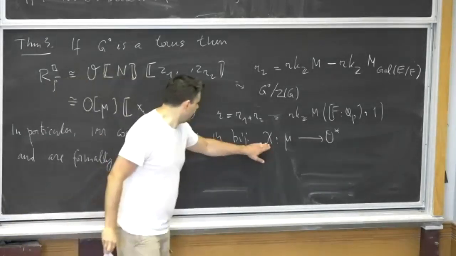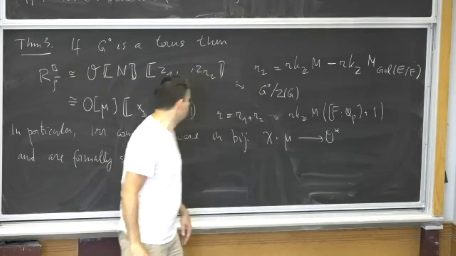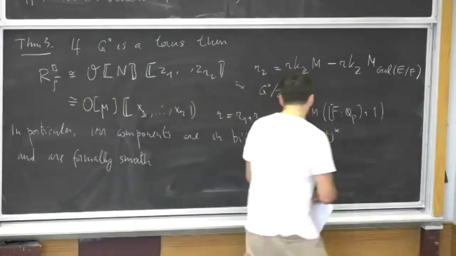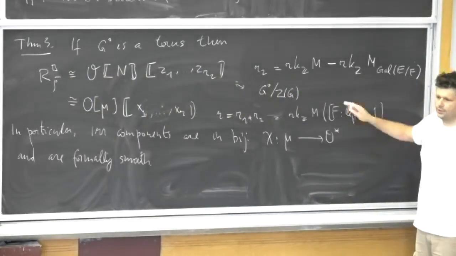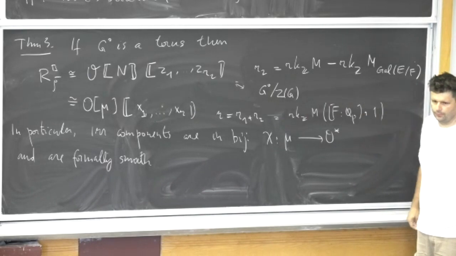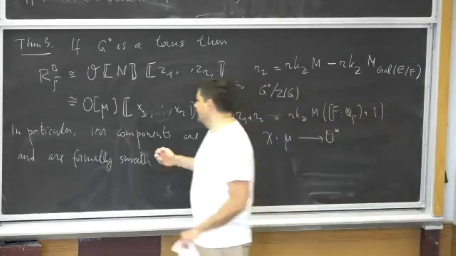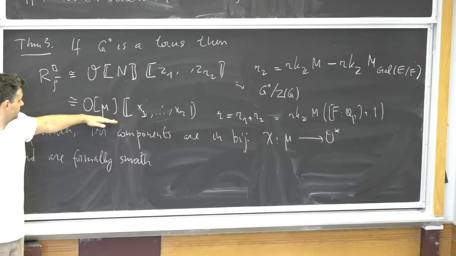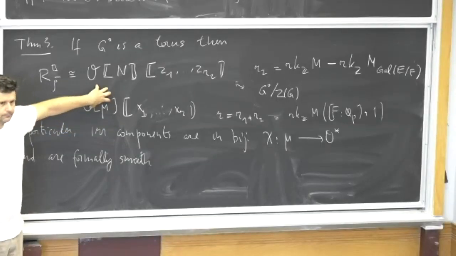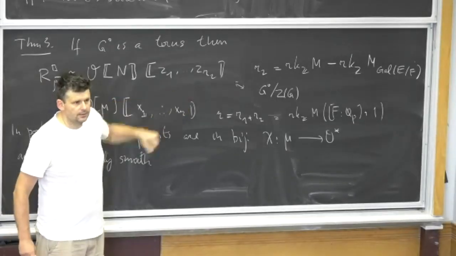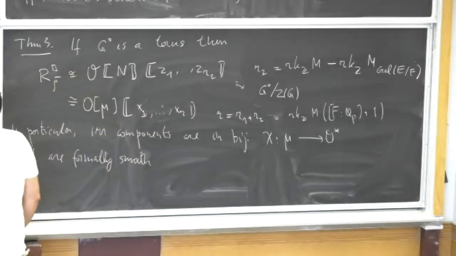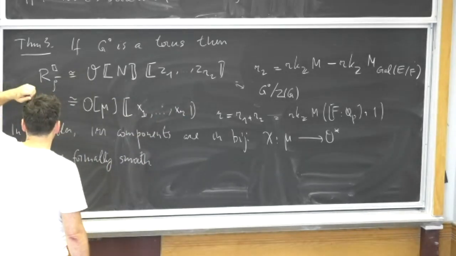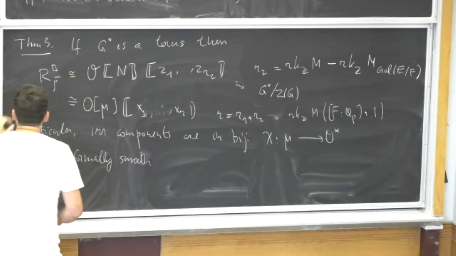So if I have a character, maybe I assume that my O is large enough to contain, let's say, all p-power roots of unity. Then once I have a character, I can specialize this part, the O. So then this is going to be O, and this part is going to be formally smooth. Right.